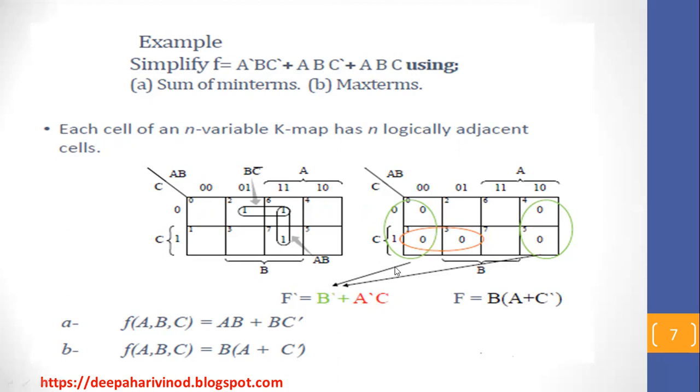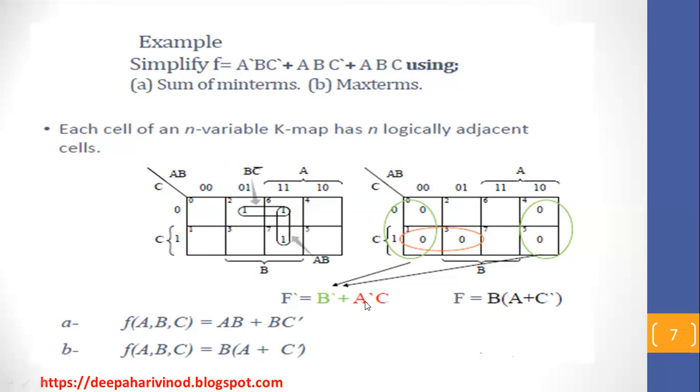For these 4 zeros together, I can write the equation as, what is common? See, row wise, nothing is common. In column wise, B bar is common. So I can write F bar equal to B bar. For the other group, here C is common, and column wise, A bar is common.